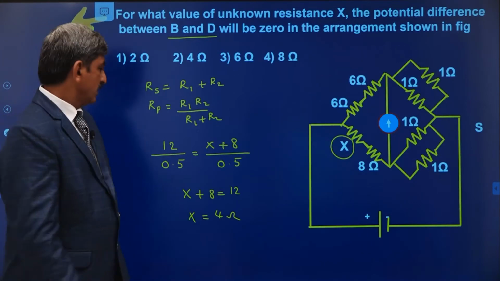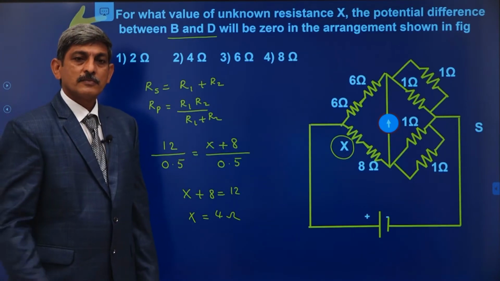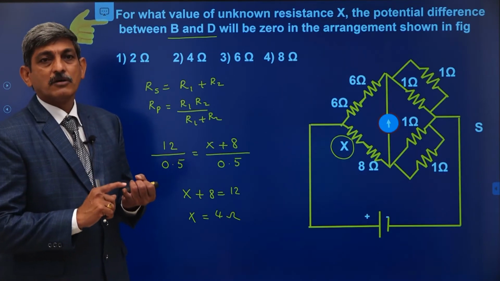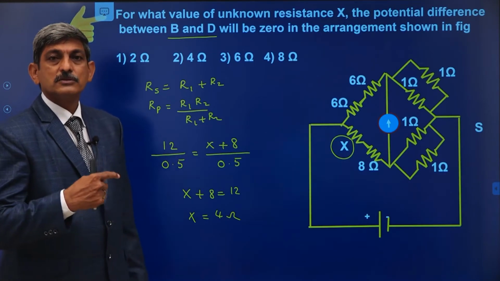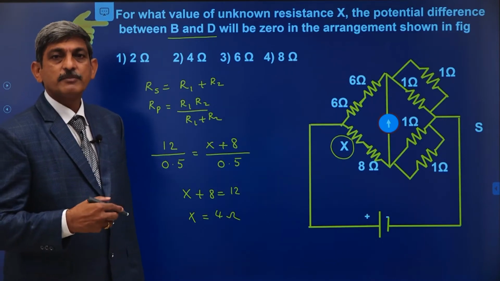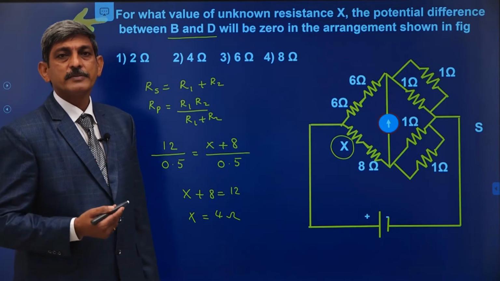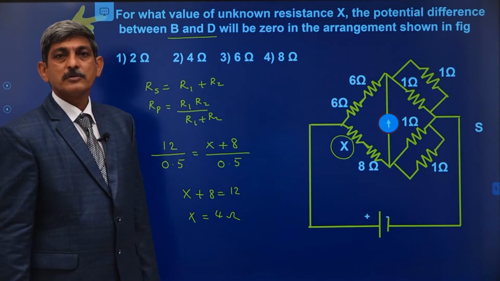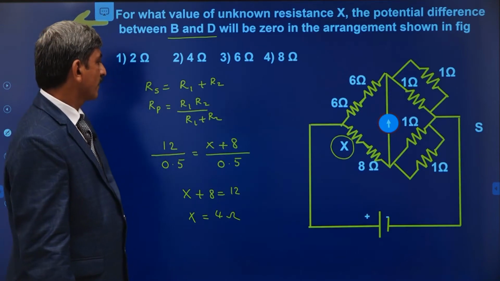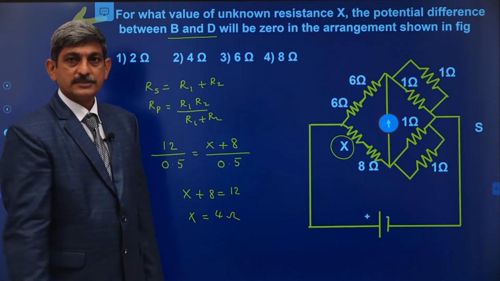That's why in the problems, combinations of resistors may be involved, so we have to find out the effective resistance value in each arm. After that, by applying the balancing condition of the Wheatstone bridge, we can solve the problem to get the answers. Okay? Right.